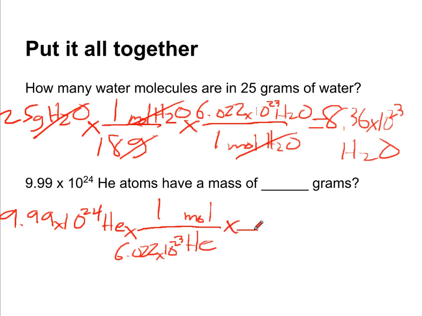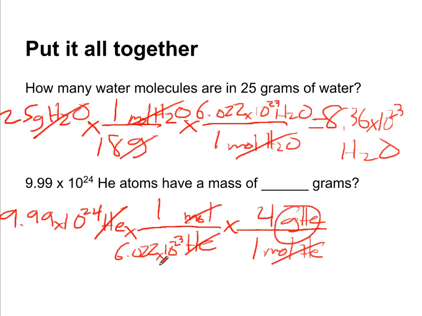Next, we want to go from moles of helium to grams of helium. We take the molar mass of helium from the periodic table. 1 mole of helium has a mass of 4 grams. Make sure our units cancel out. Helium atoms are going to go away. Moles of helium are going to go away. We're just going to be left with grams of helium.